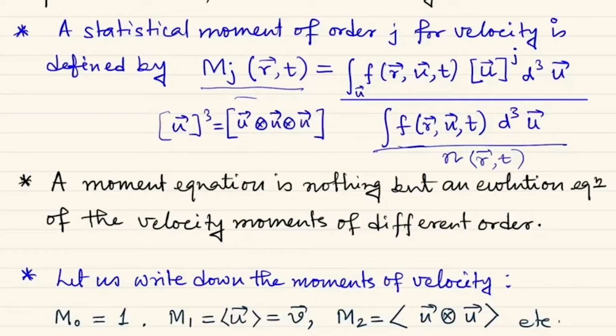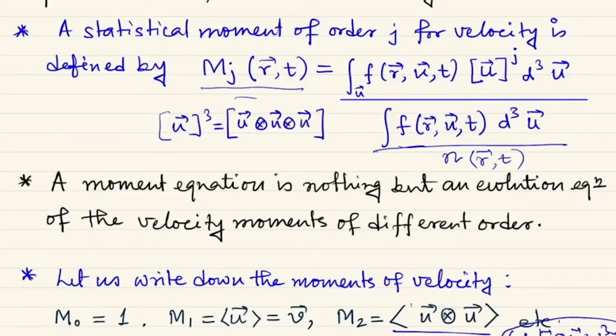Once again, when I use this angular bracket symbol, that simply says that this is the integration in the velocity space, f u tensorial u d cube u, divided by n. So if I just want the integral, that will be n times this angular bracketed thing.